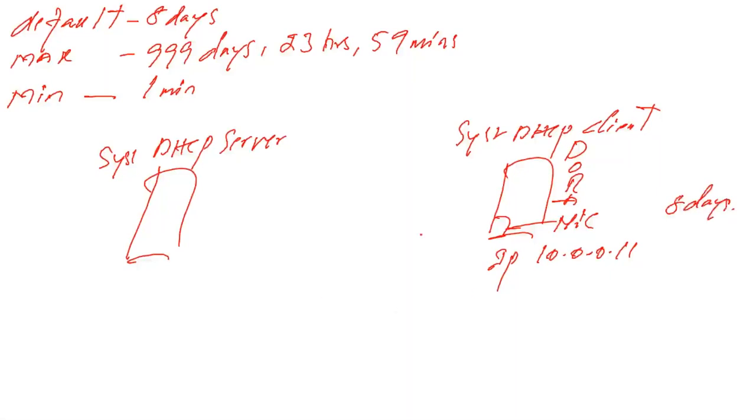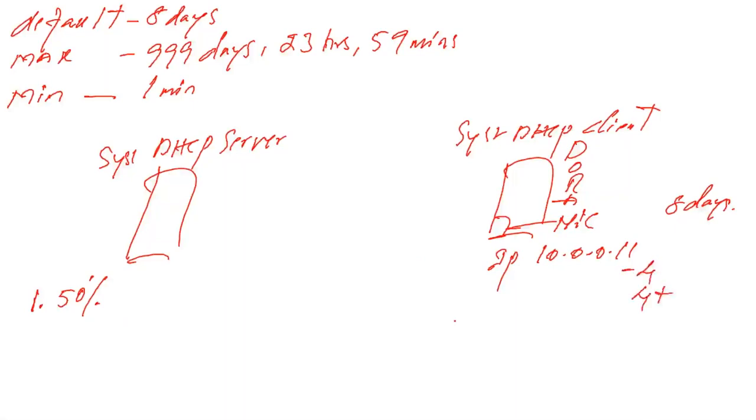Okay. So now, with the help of the DORA process, my client is taking the IP from the DHCP server. That is good. But what the experts are saying is, after completing 50% of this duration, that means 4 days are completed, remaining 4 days.